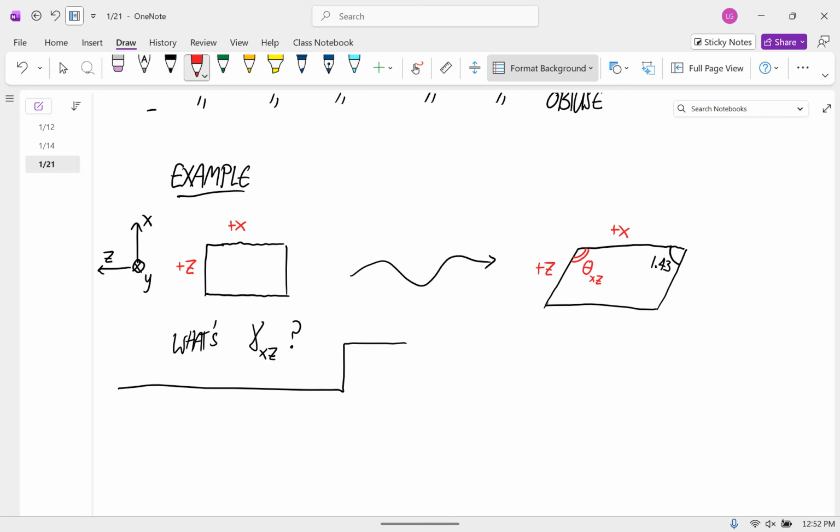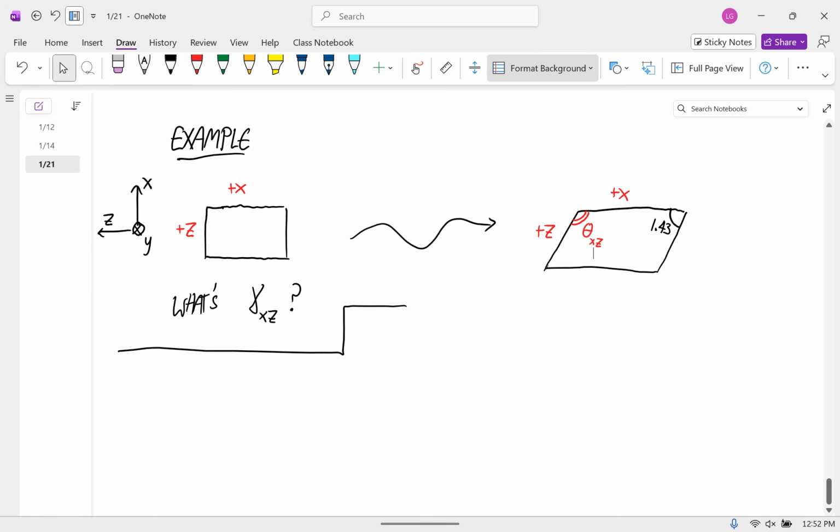And this is a parallelogram. So this angle, let me write it this way, 1.43 plus this angle xz is equal to pi.